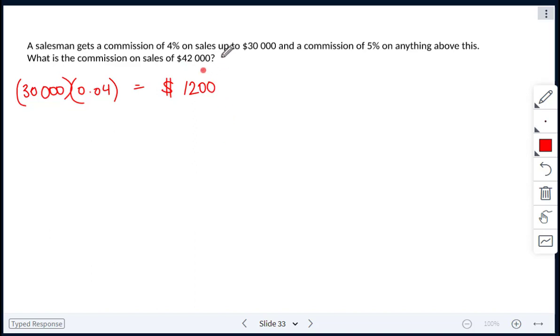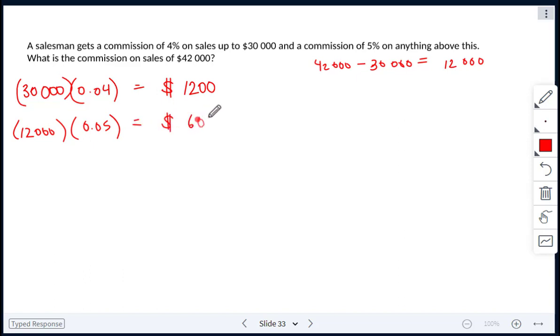So we still have $12,000 left, right? 42,000 minus 30,000, so then we still have 12,000. On the $12,000, he gets a commission of 5%. So we'll multiply that: $12,000 times 0.05, and that gives me a total of 600.